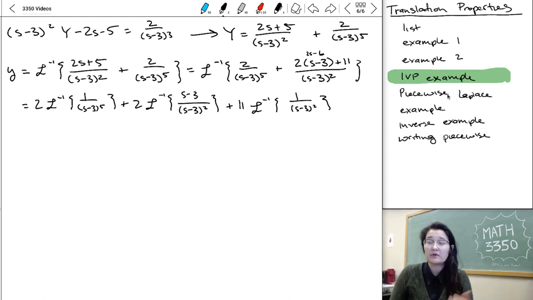And for all of these, we're thinking about a equal to 3 to have that s minus 3 term.